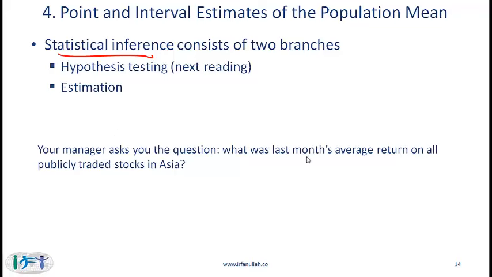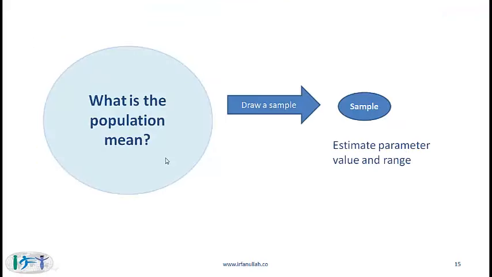What was last month's average return on all publicly traded stocks in Asia? This question is difficult to answer because there are so many stocks across so many different exchanges in several countries in Asia. So to come up with an answer, you probably need to do the following.